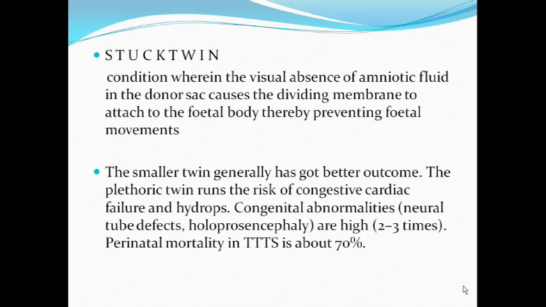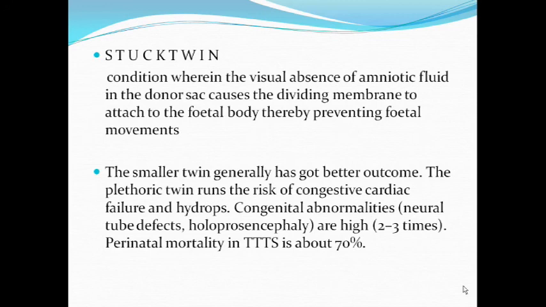Sometimes you can see the stuck twin, where the almost absent amniotic fluid in the donor twin causes the attachment of the fetal body to the dividing membrane, and this will prevent fetal movement. So this is known as stuck twin. The smaller twin generally has a better outcome than the opposite recipient twin.